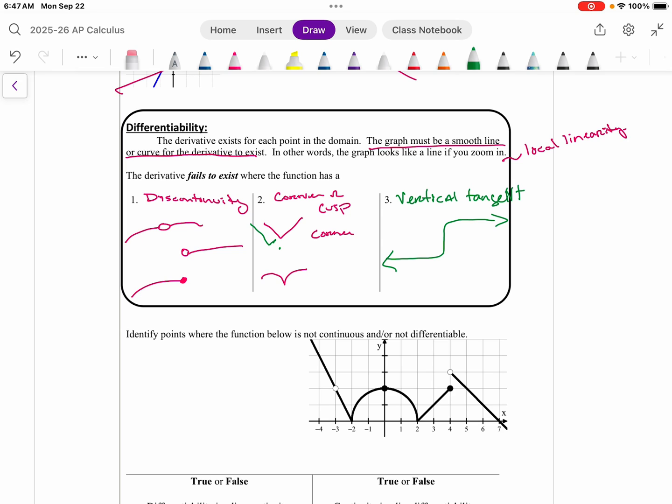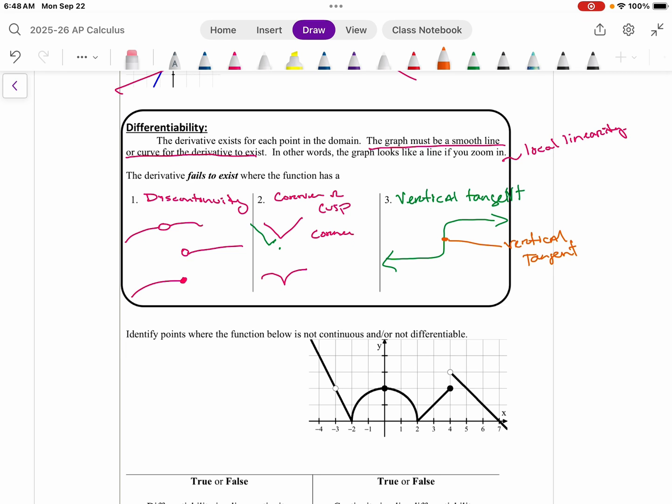This would be our example of a vertical tangent, so I am not differentiable at that point. Again, in order to be differentiable, we have to be continuous. That's the first part. It's got to be a continuous graph, and then we have to make sure there's a smooth line or curve to it.